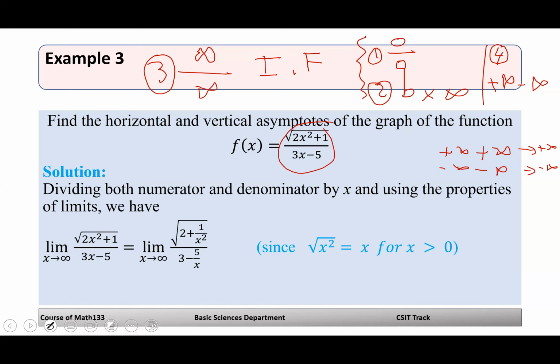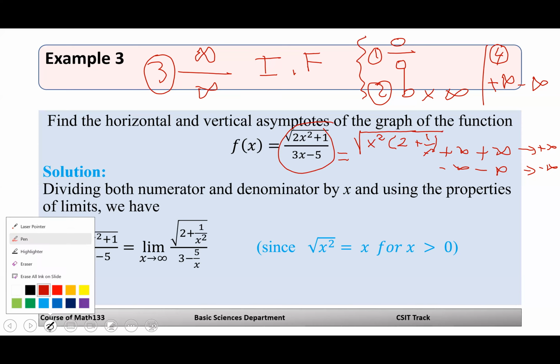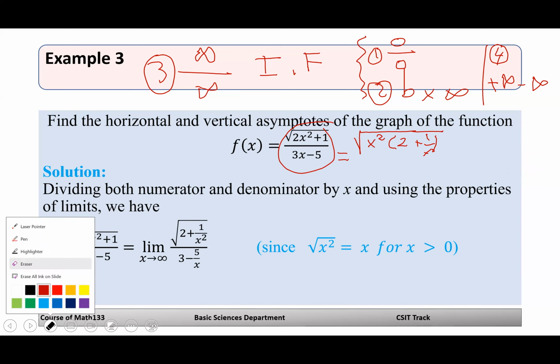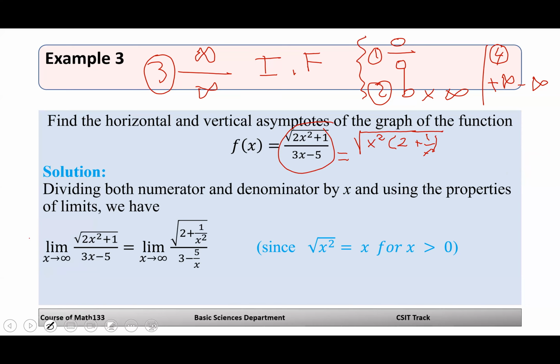So we need to change the expression of the function, and here we will factor in the numerator by x squared. So again, x squared factor 2 plus 1 over x squared. And in the denominator, the highest degree is x.